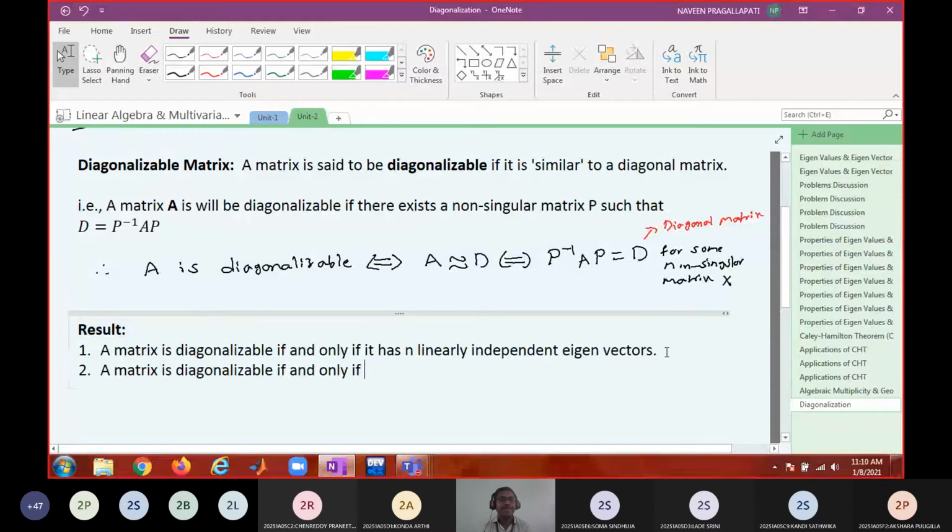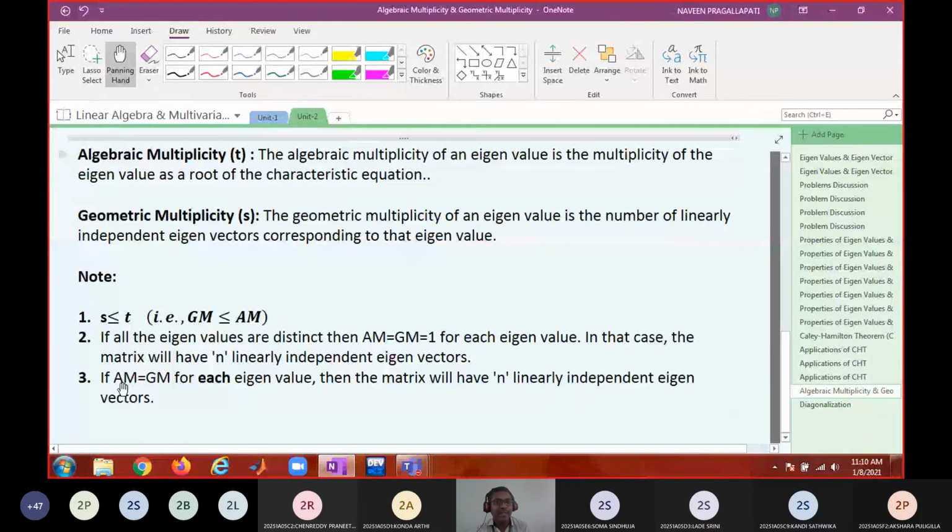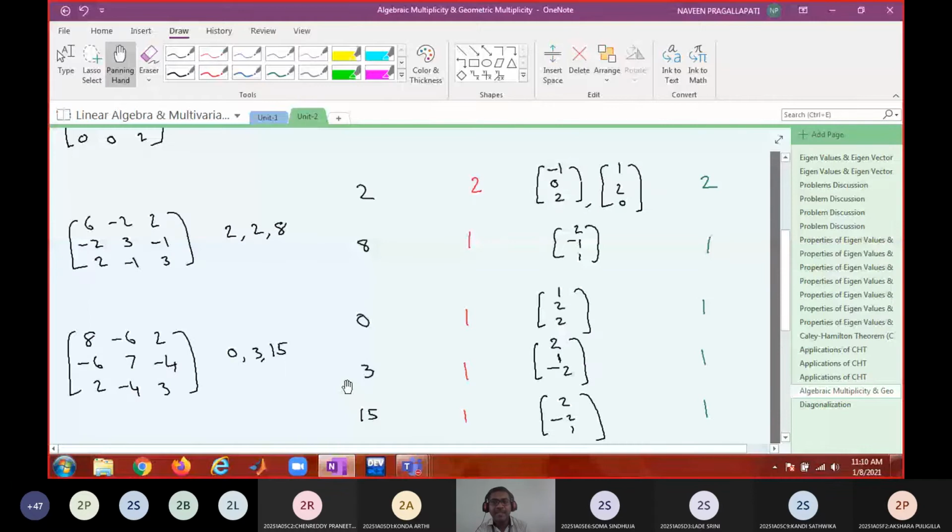If and only if, previously we identified when it will have n linearly independent eigenvectors. Eigenvalues may be distinct or may not be distinct. But as long as AM equal to GM for each eigenvalue, whether they are distinct or some of the eigenvalues are the same, it is always going to have n linearly independent eigenvectors. Do you understand? Yes, sir.